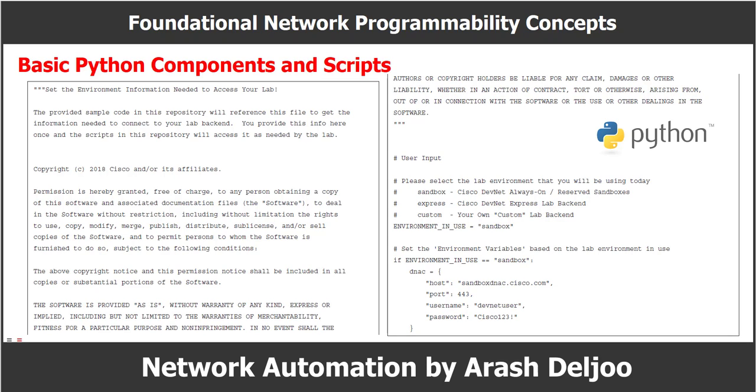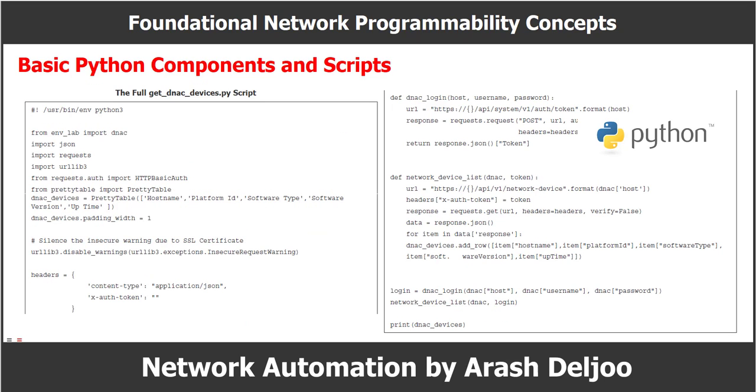In this example, the developer called out to use the sandbox option with the line of code environment in use equals sandbox, and then used a condition to say that if the environment in use is sandbox, call a dictionary named DNAC to provide the sandbox details that are listed in key value pairs. And because of that, we can use these key value pairs for connecting to, for example, a sandbox.